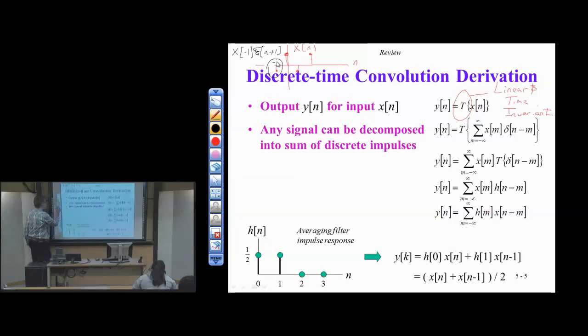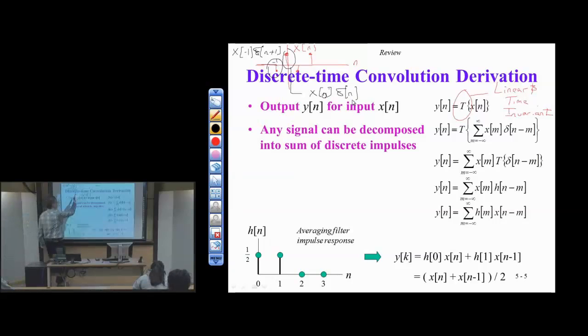The index is -1. The origin, how would I write the origin? x of 0 times delta of n. Yeah, x of 0 times delta of n. Right. And so forth.